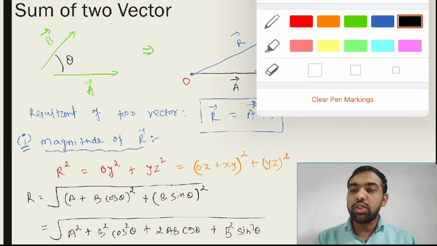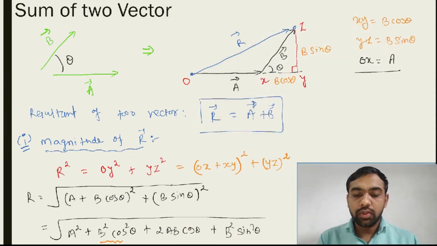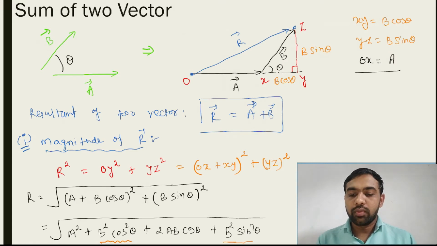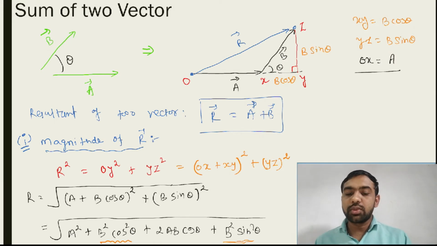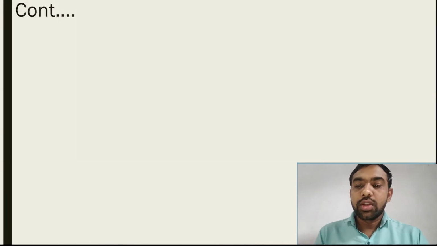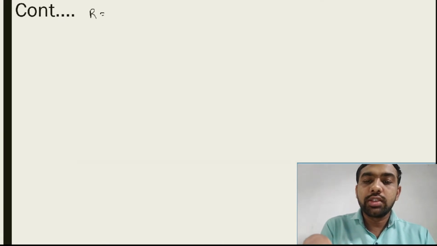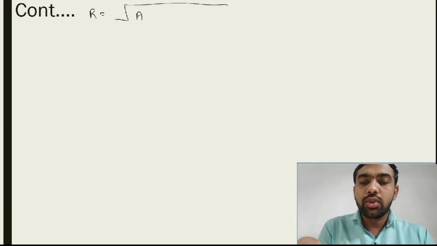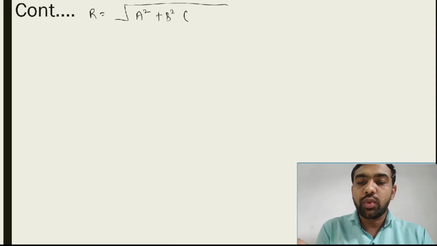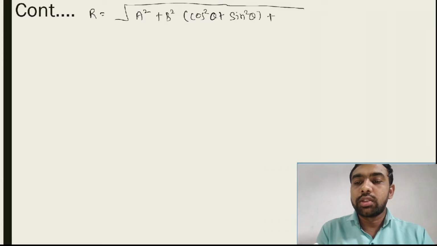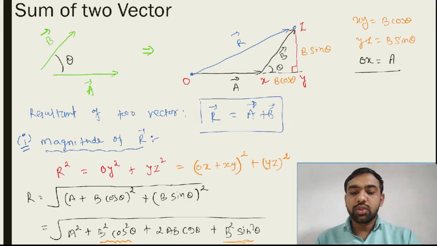Concentrate on these two terms: B square cos square theta plus B square sin square theta. Take B square common out. So R is equal to under root A square plus B square, with cos square theta plus sin square theta, plus the remaining term 2AB cos theta.